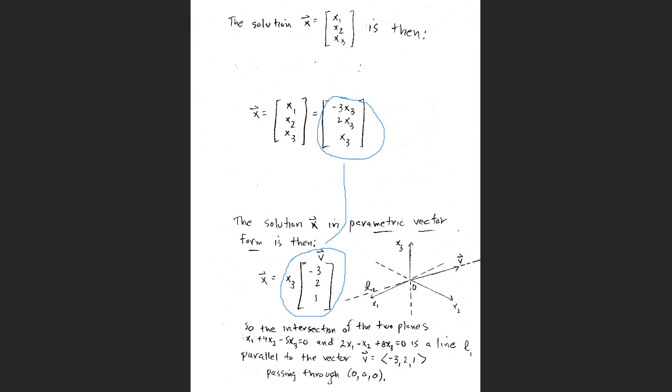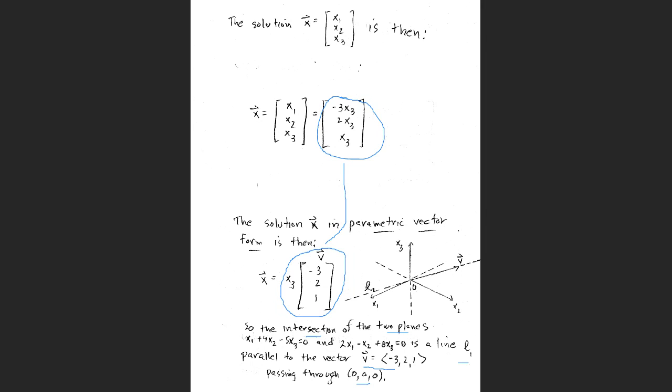The vector v is negative 3, 2, 1. And this is very helpful because then we can see that the intersection of the two planes is going to be a line that's parallel to the vector v passing through the origin.